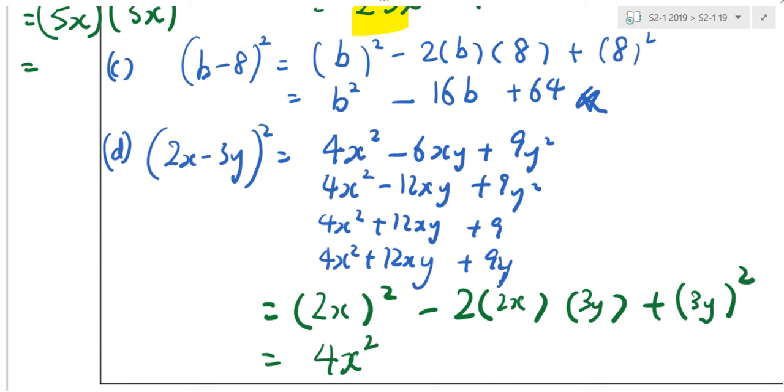Do you follow? Ashraf and Zhang Ming are struggling here because you keep thinking there's a minus. Why did the minus disappear? I tell you, the minus did not disappear. The minus got brought forward here. It's the same as this. Do you understand this? Can you accept it now?